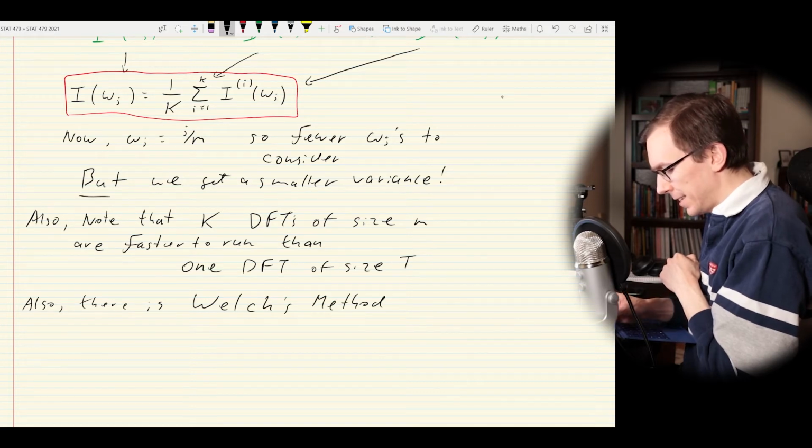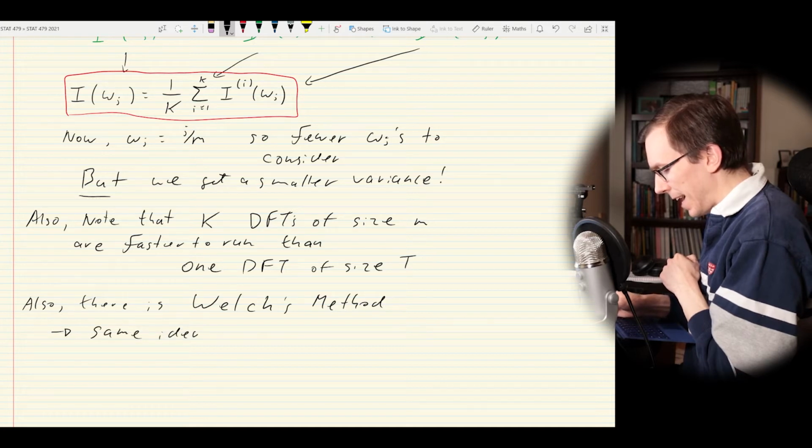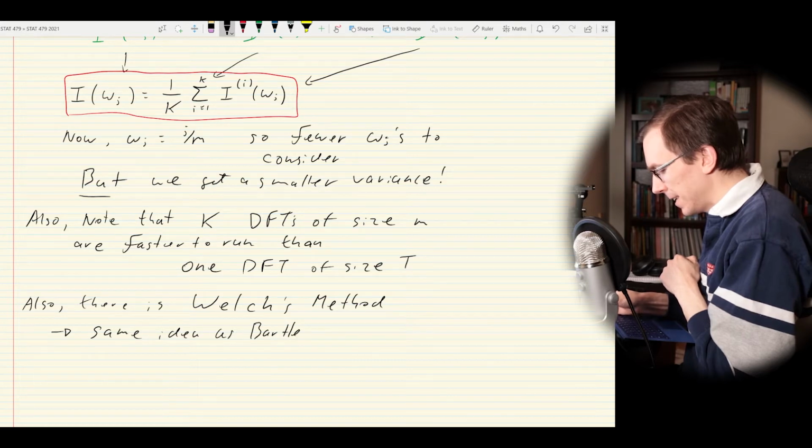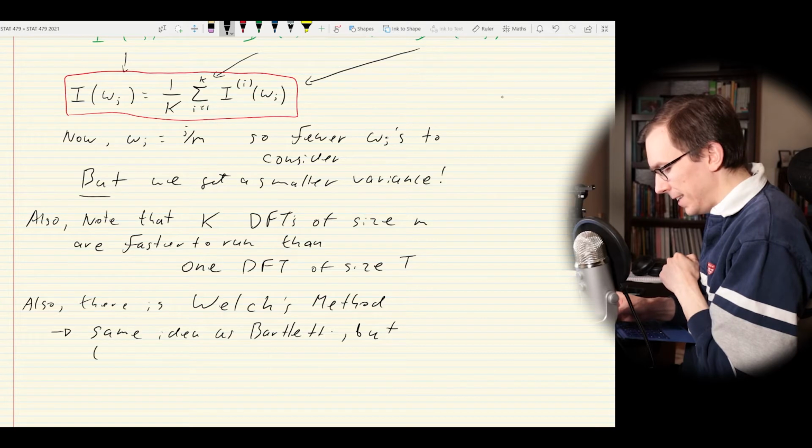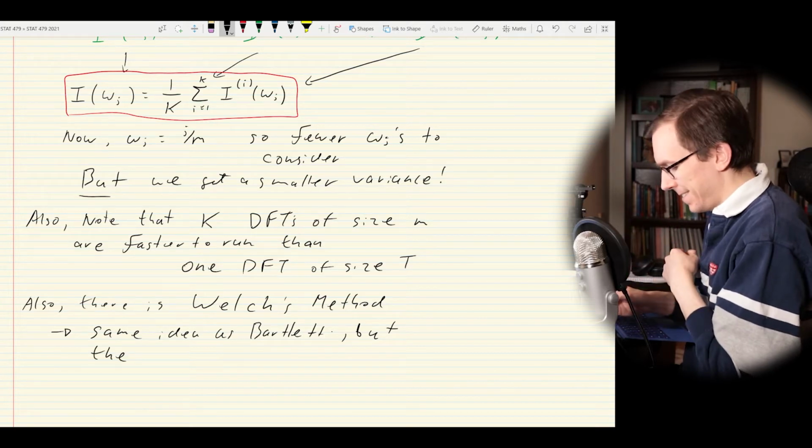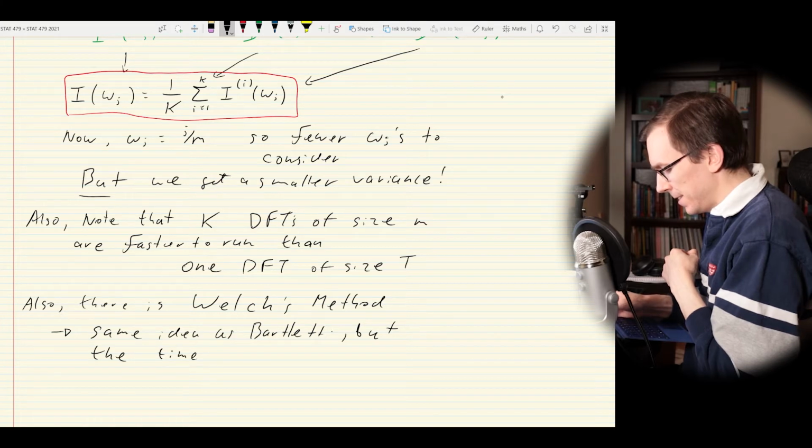And this is the same idea as Bartlett, but the time series pieces can overlap.